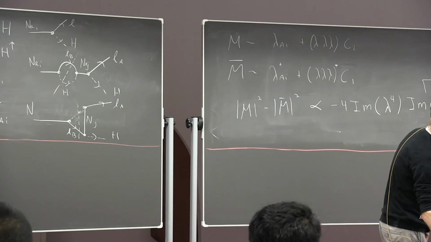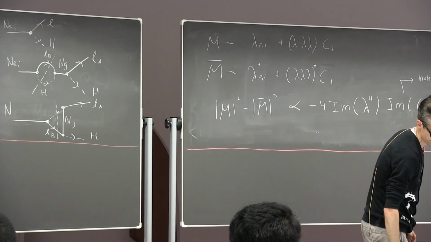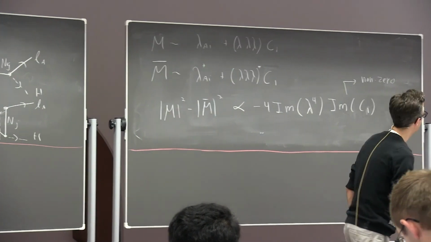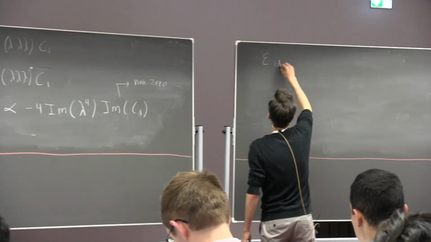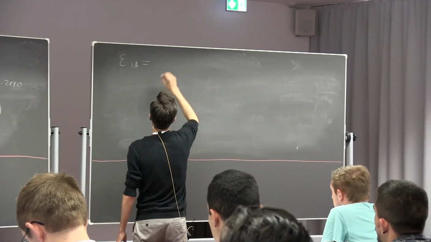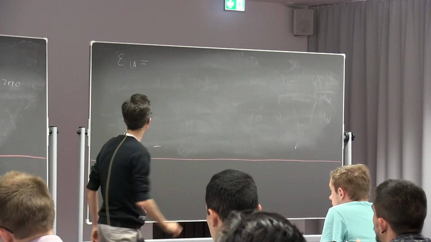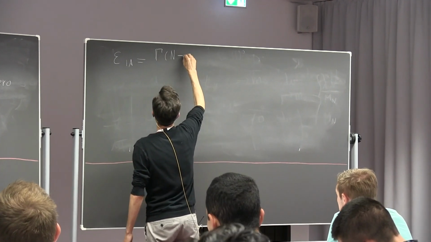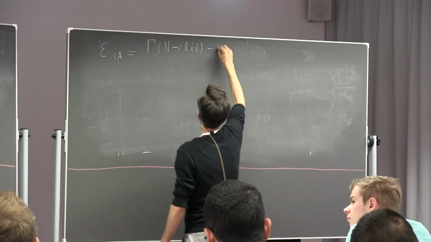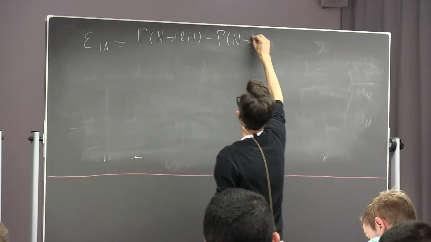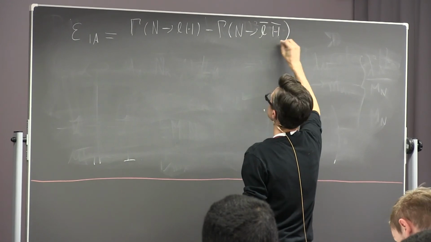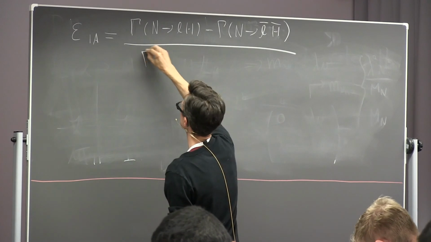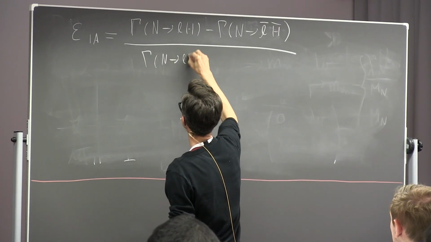And the result for this is, okay, it's kind of a messy expression, but the asymmetry into flavor A goes like, okay, well, first of all, this is defined as the difference in the decay to particles versus decay to antiparticles divided by the sum of the decay rates.